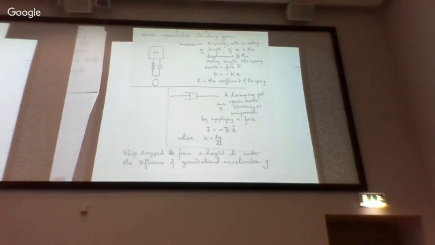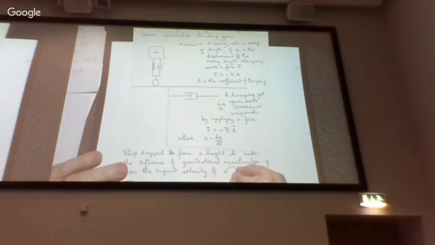Well, if that's the case, then the impact velocity, the velocity when it hits the ground after it's fallen through a distance h, is the square root of 2gh.